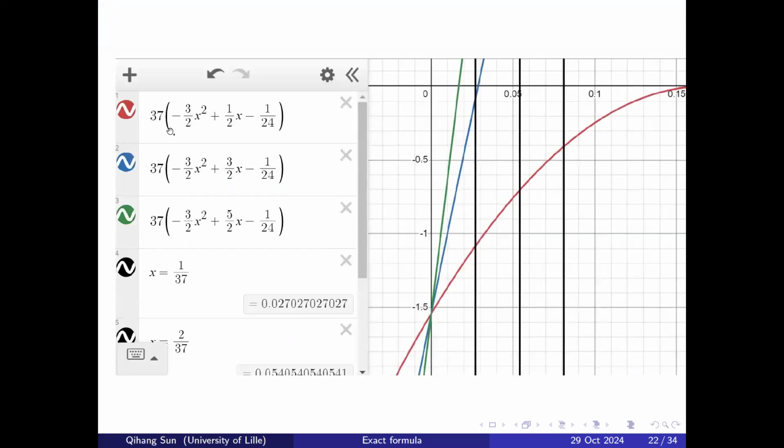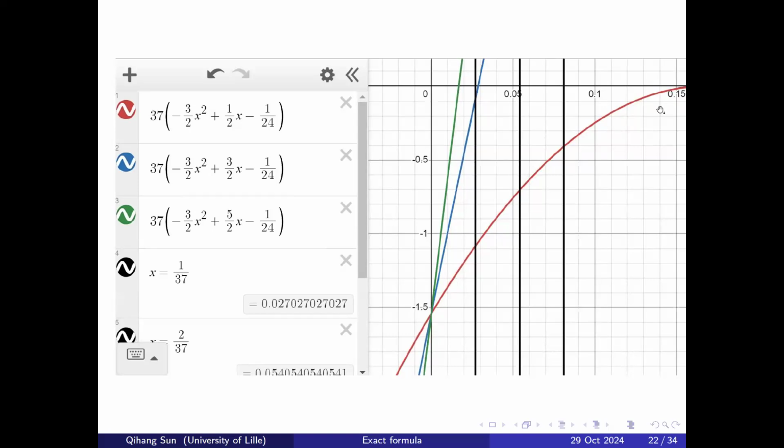So in this case, we fix the prime 37 because 37 is the smallest prime such that r can take values 0 and 1, not only 0, or not only we don't have any r here. For 37, you can see the equation here. For the first equation, the red line is r equal to 0.